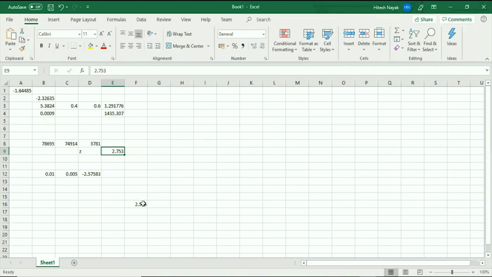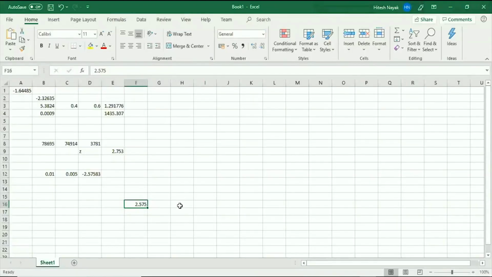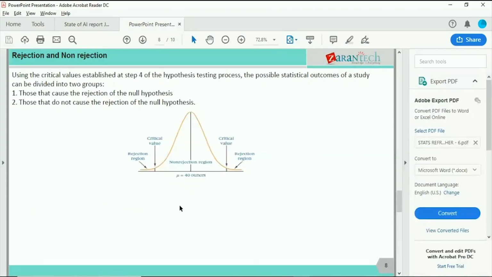Correct. Now, from the reference point, what Sachin is saying is that if you have to have a 99% confidence, your Z value should lie between plus something and minus something. That something is 2.575. You get this statement? The normal curve is the reference point.